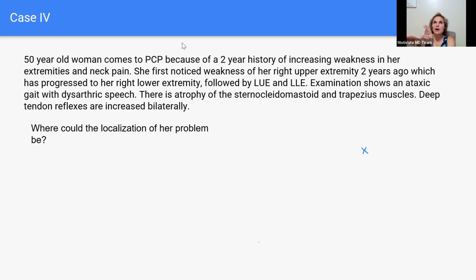And then there's another part of the brain that's a little more posterior along the fissure, towards the parietal occipital lobe, called Wernicke's area. And that's issues with comprehension. Like Adam was saying, she can still comprehend, but she's having issues with speech, the motor type of speech. So that could be near Broca's area. And again, probably the motor cortex issues, right? Because we also are having this upper extremity, lower extremity weakness.